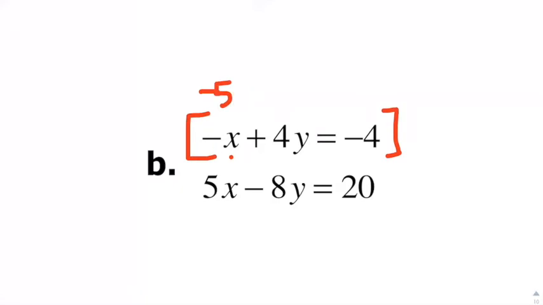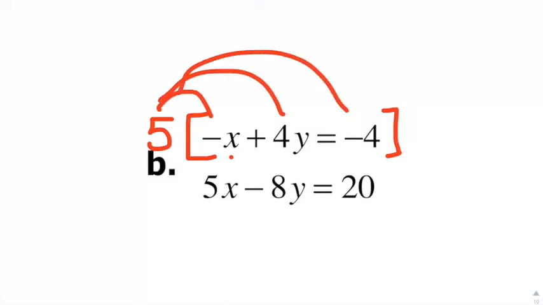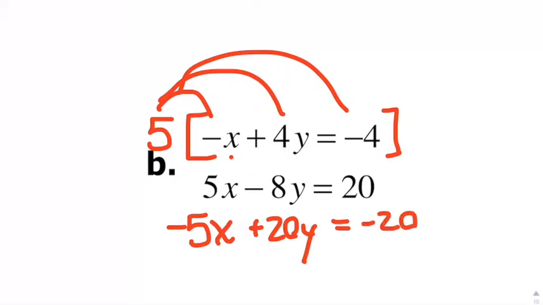So to get that, we need to multiply by positive 5. So if we distribute that 5, it's going to look like negative 5x plus 20y, and then equals negative 20. Okay, so that's our new equation right down there.